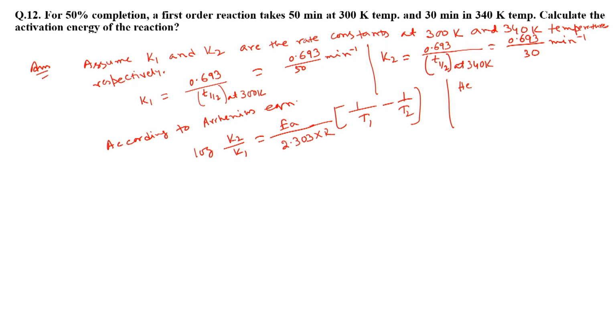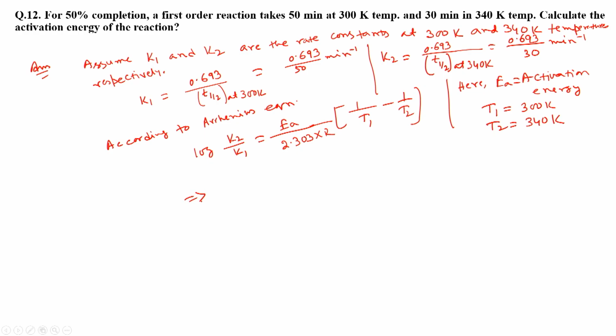Here Ea is the activation energy, T1 is 300 Kelvin and T2 is 340 Kelvin.